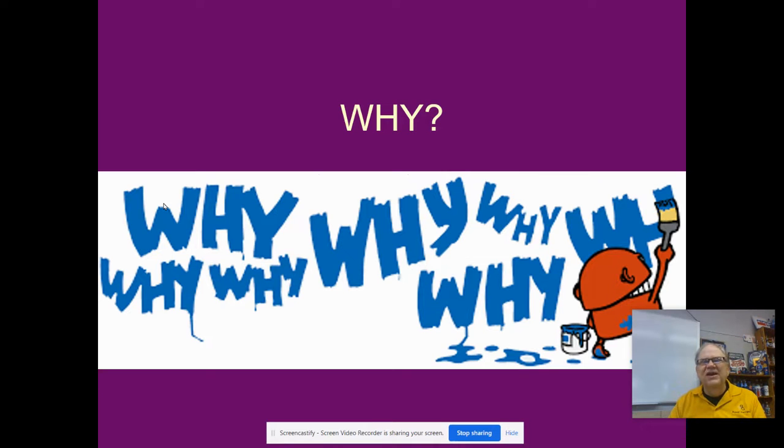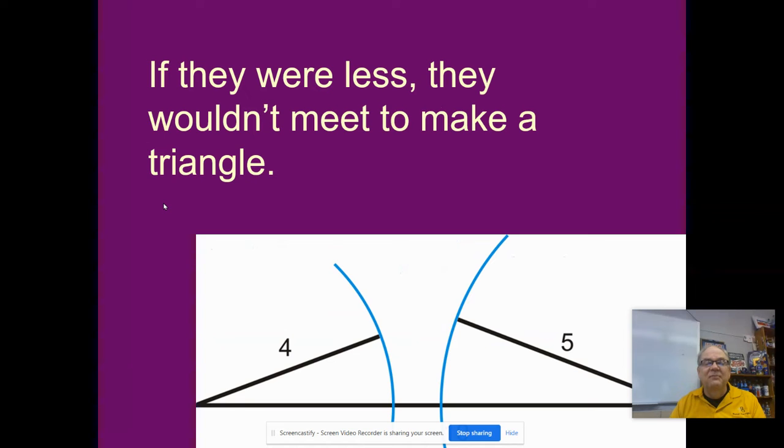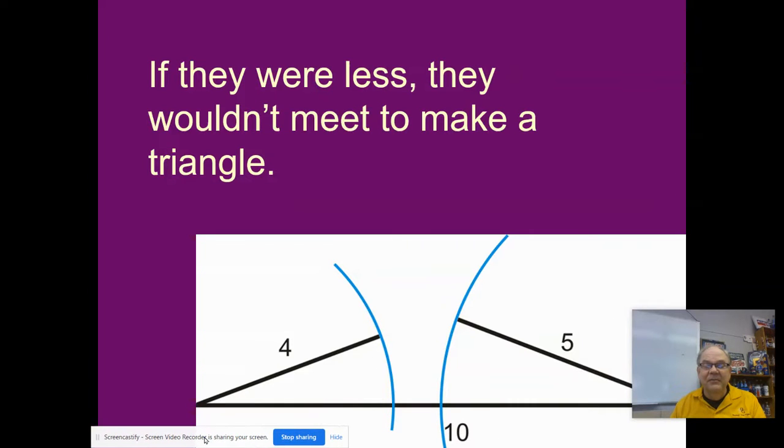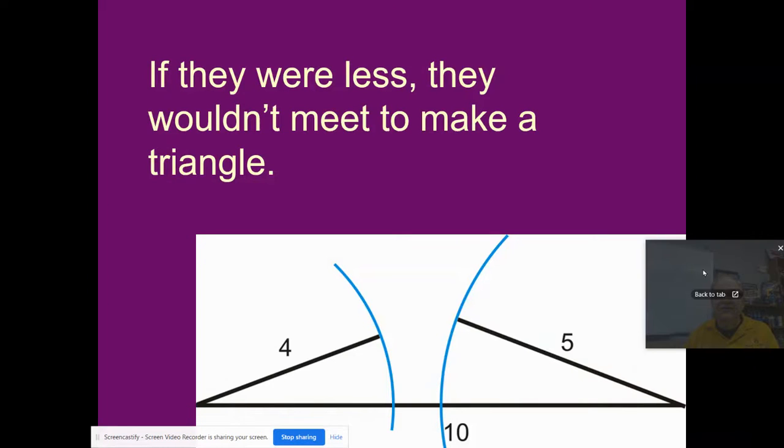If you just think through this, it should make sense why it would be true. If you had sides that were less than the third side, like in this particular problem, I'm going to move things around on the screen so we can see the whole thing. In this problem, we have 4, 5, and 10.